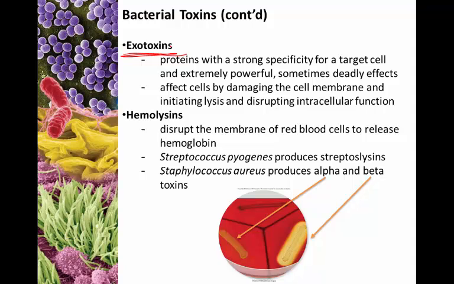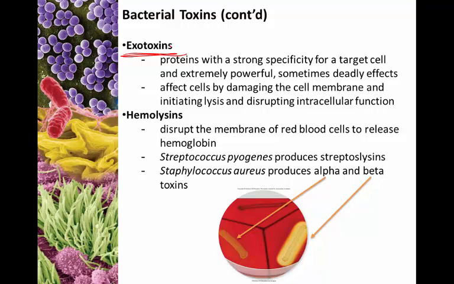Most commonly, exotoxins affect cells by damaging the cell membrane and lysing the cells or beginning lysing of the cells. Some of them actually go beyond disrupting the membrane and make their way into the cells, to the internal cellular structures, and disrupt intracellular function.